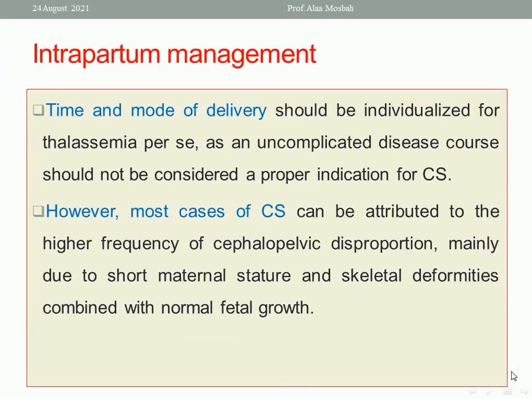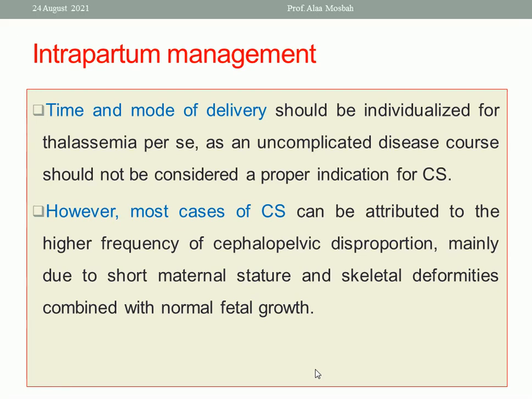What about intrapartum management? Intrapartum management, including the time and the mode of delivery. What is the time and what is the mode of delivery? Really, it should be individualized in cases with thalassemia. Uncomplicated disease course shouldn't be considered a proper indication for cesarean section.